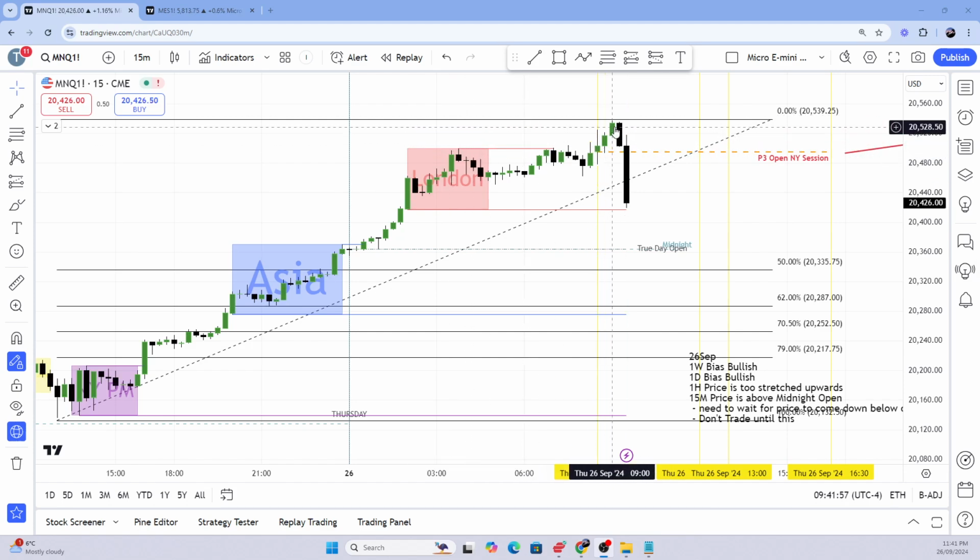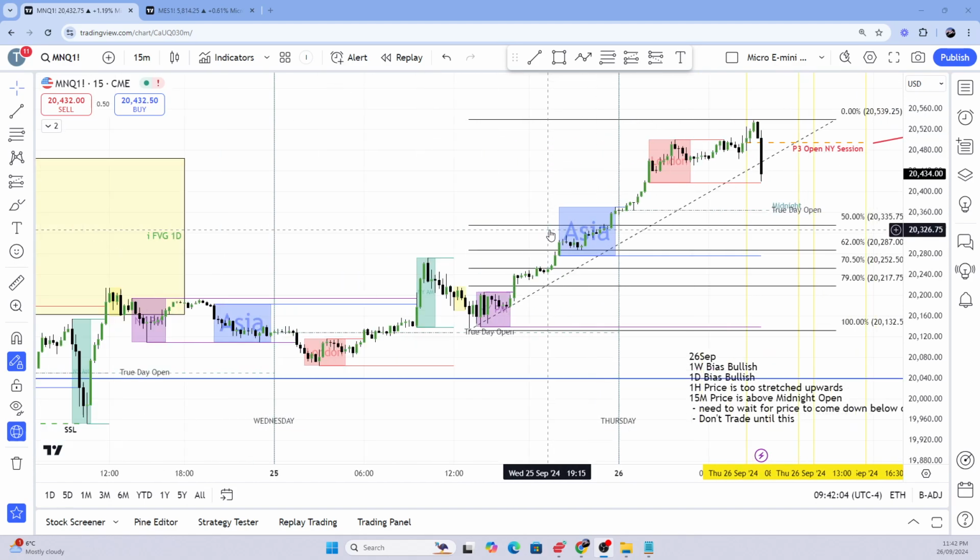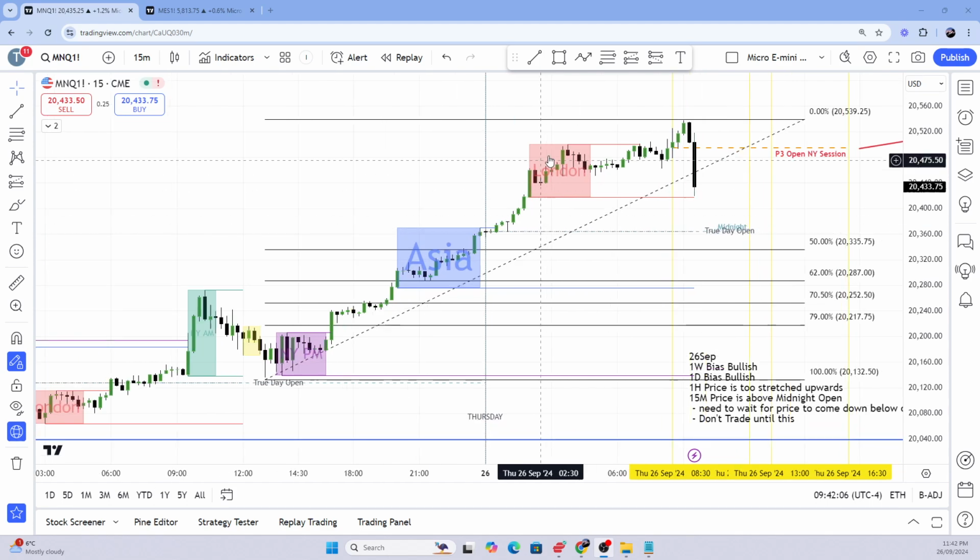Then we can consider that rally as sweeping the liquidity above the London session. So the London highs have been swept as liquidity.